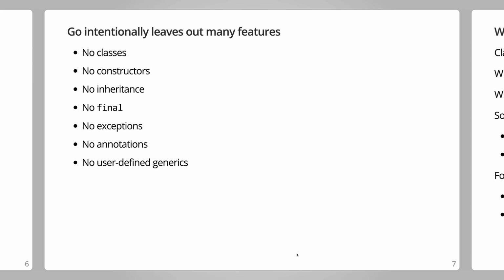So there are many features that have not been included to keep the language simple, and most of the time, it just becomes easier to use when you don't have to know about the notion of constructors. You can just use functions to do construction. So many of the things that people sort of miss when they come to the language the first time is really just a different way of doing the work.